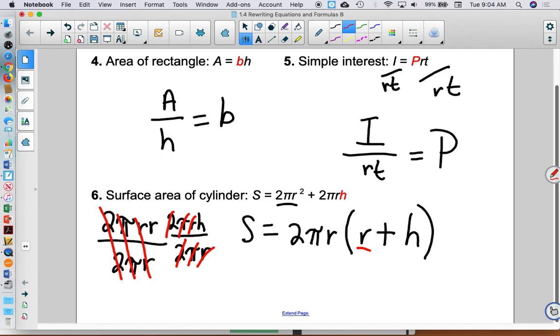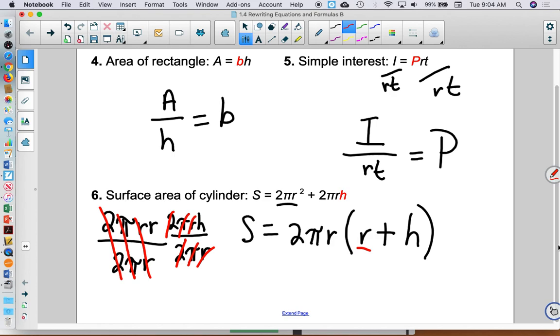So that would be 5. Well, what's 2 times 3? Times 5 is 30 divided by 6. Do you get 5? Just the fact that I'm using letters instead of numbers doesn't change the properties of multiplication and division. Okay? So I can still factor it out the same way. Does that help?